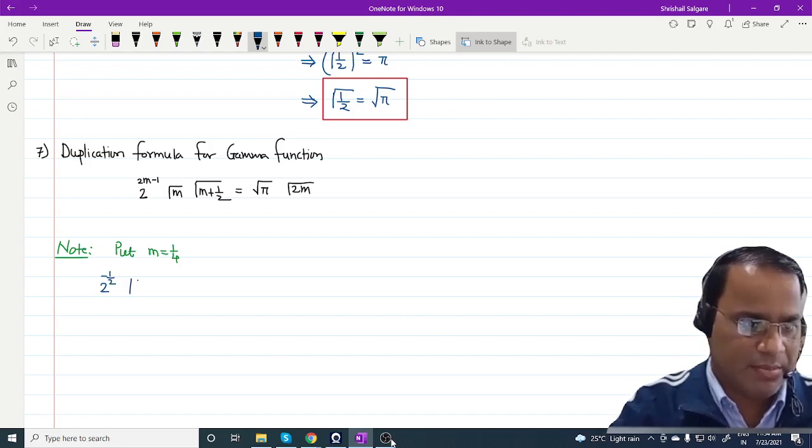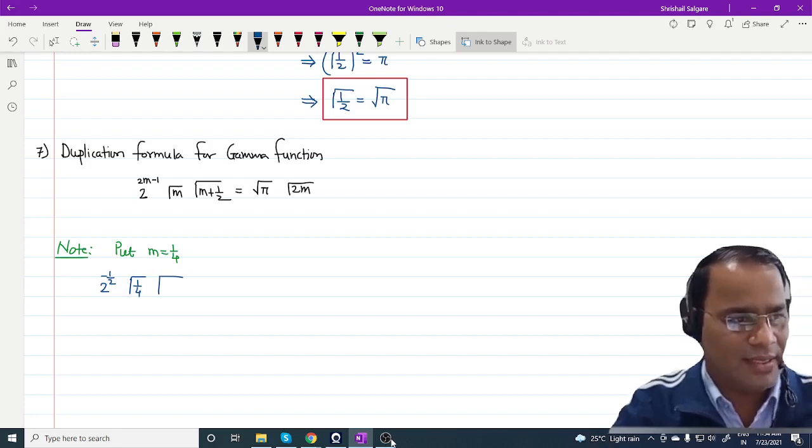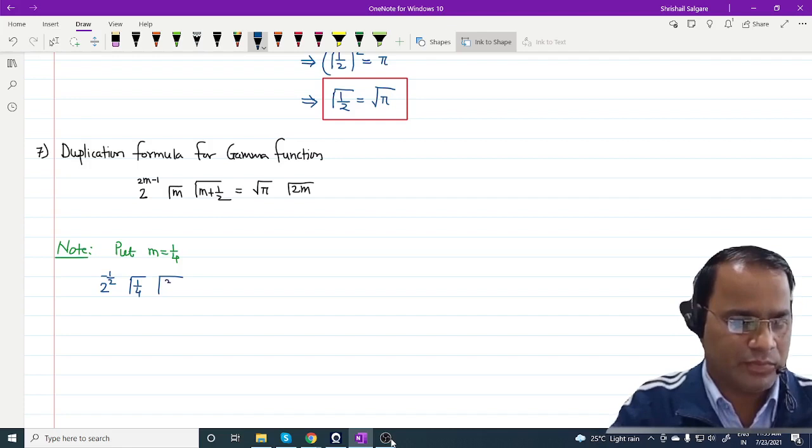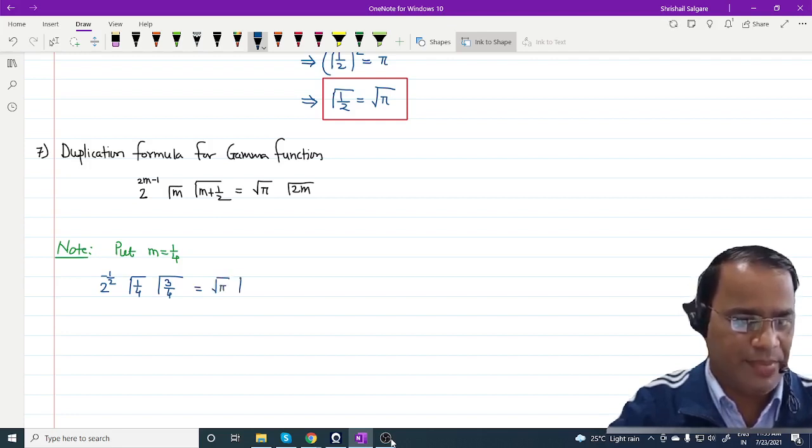Next one is gamma of 1 by 4. Next one, at least addition, subtraction, that part you have to do. m plus 1 by 2 is three by four. Gamma of 3 by 4.